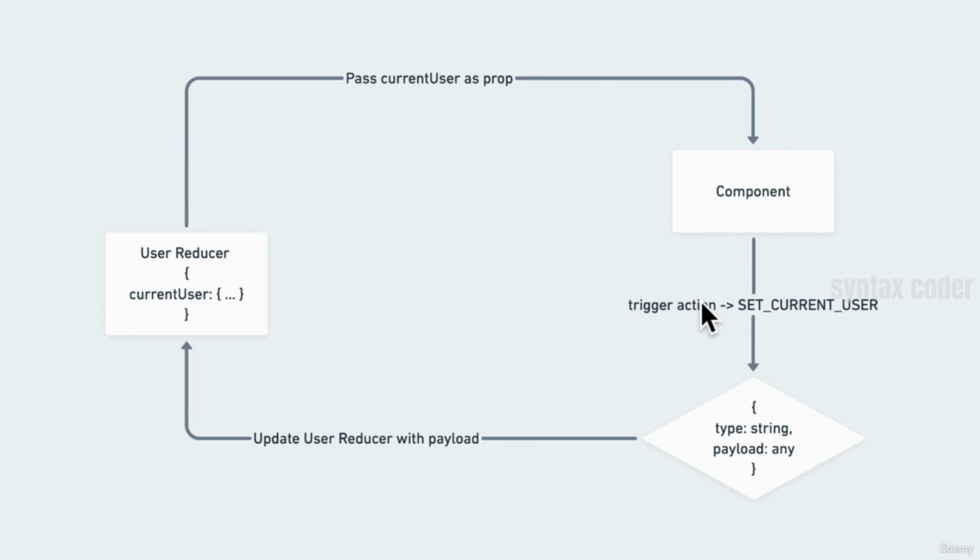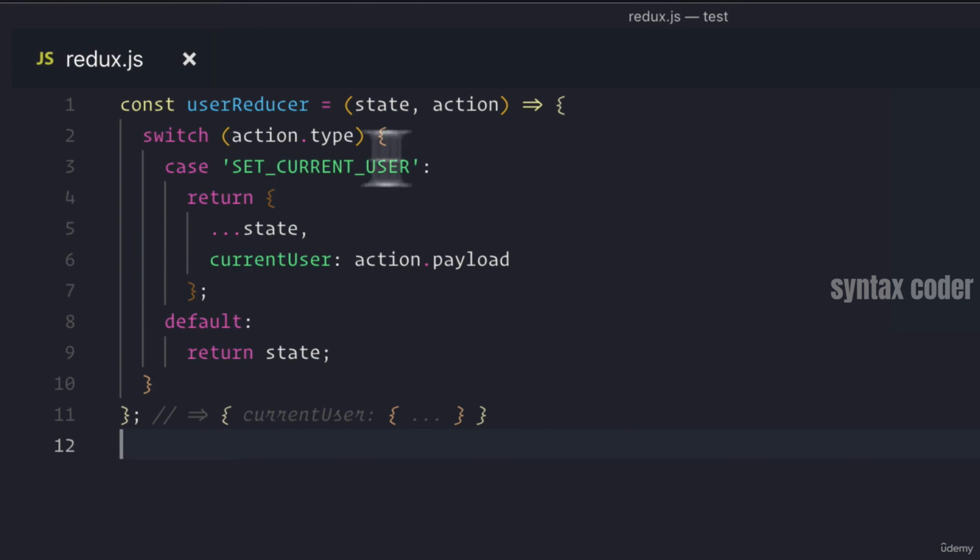So if we want to look at our reducer code, the way that a reducer looks is every reducer is just a function. The function takes a state and then it takes an action. The state is the previous state that it was in, the state before this new action is going to update it. So we can even see this as previous or current state.